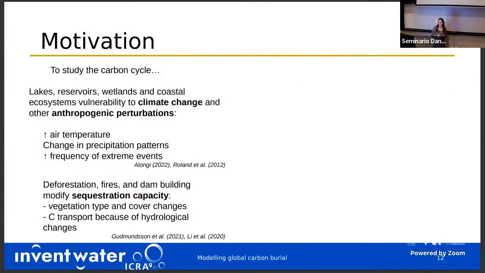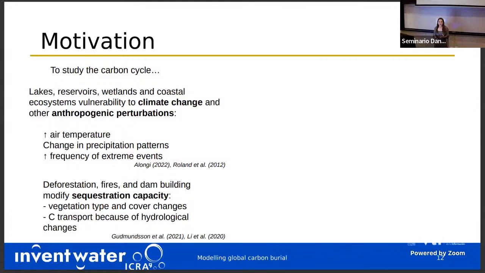So all these ecosystems, lakes, reservoirs, wetlands, and coastal ecosystems are vulnerable to climate change and other anthropogenic perturbations. So with climate change, air temperature has risen. There are changes in precipitation patterns, and extreme events are more and more frequent.